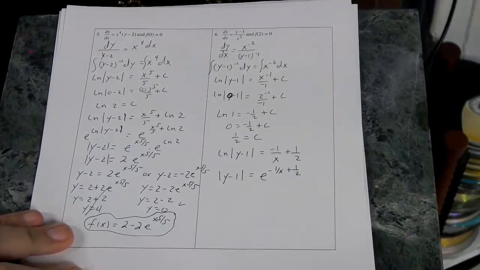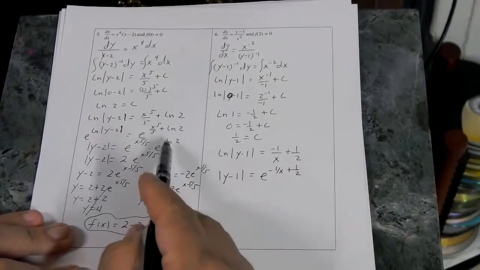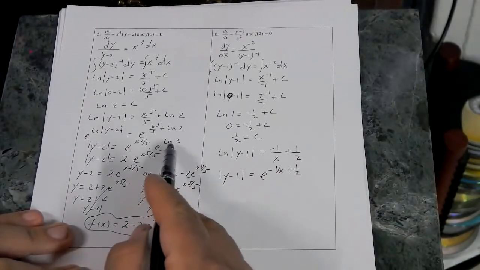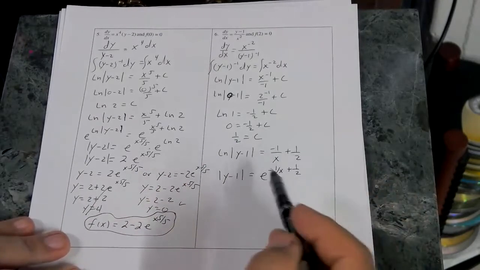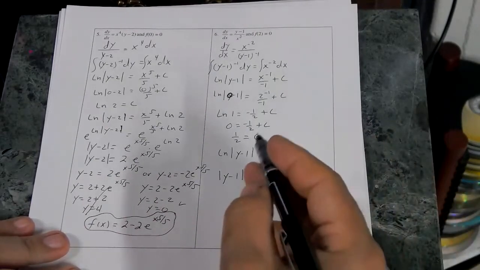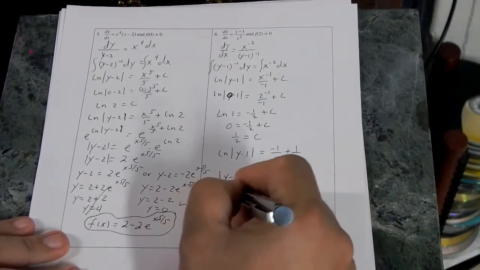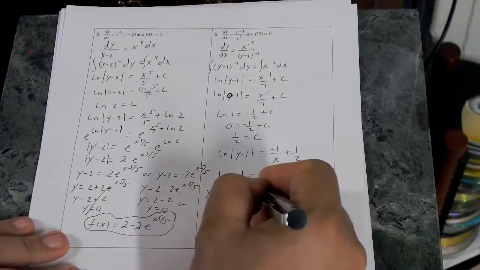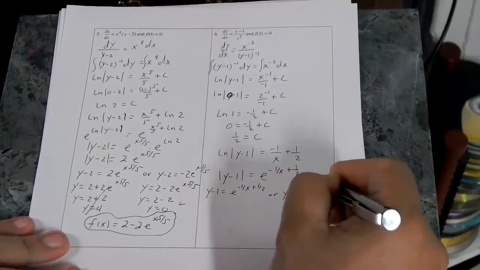Just makes it a little bit difficult because it's not natural log like this one over here had a natural log of 2. E to the natural log of 2 was 2. But here there's no natural log, so I can write e to the negative 1 over x times e to the 1/2, but oh well. We have two solutions. Y minus 1 is equal to this, or y minus 1 equals the negative of that.